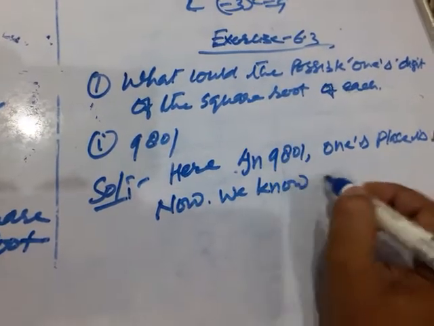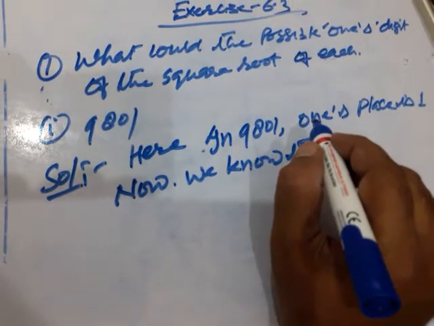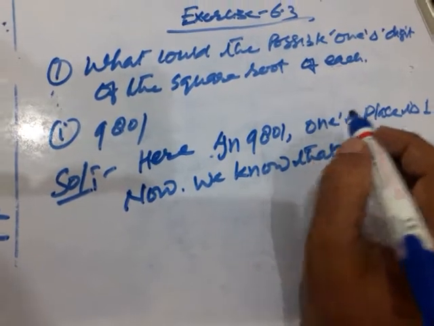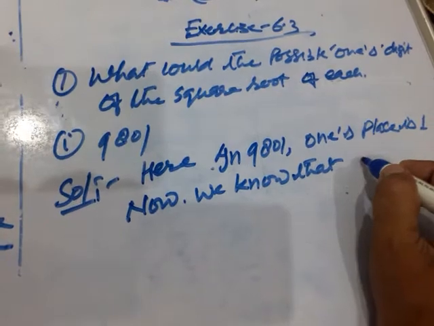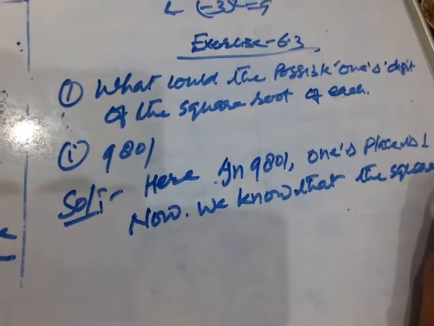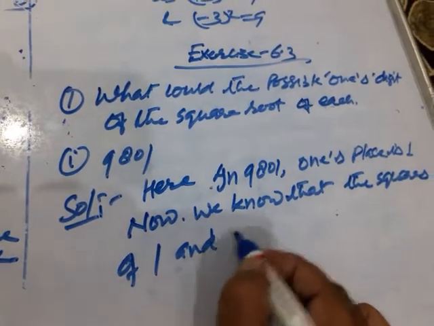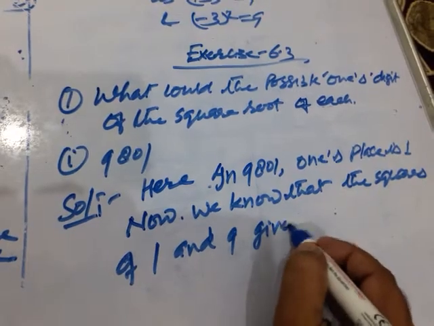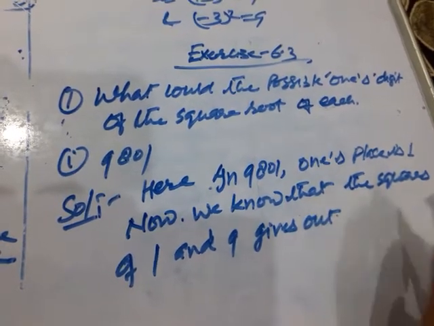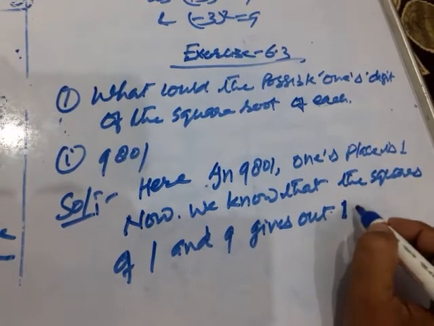What do we know, children? We know that the squares of 1 and 9 give out clear 1 as one's place.